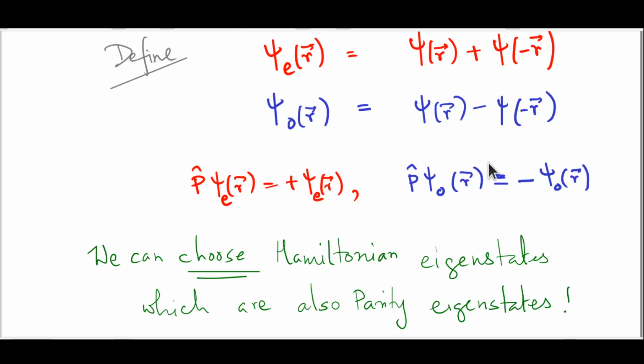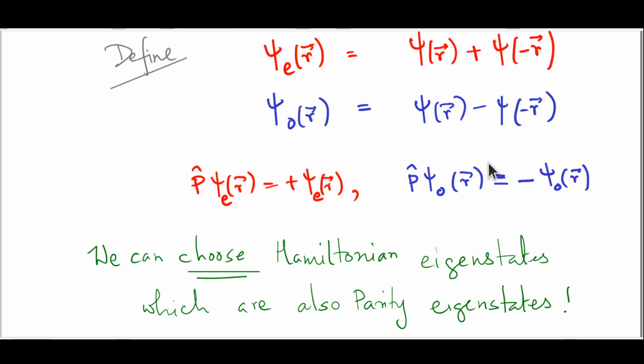That is, we can always choose to use psi E of R and psi O of R as our energy eigenstates. So, whereas in one-dimensional bound states for a parity symmetric Hamiltonian, which essentially means a parity symmetric potential, the wave functions are definitely even or odd, in 3D the result is you can always choose the wave functions to be even or odd.